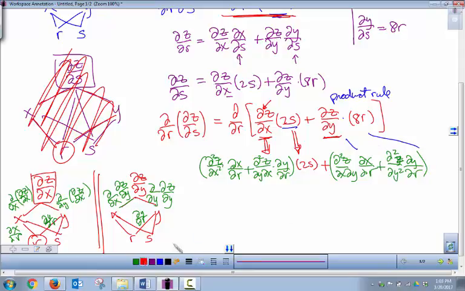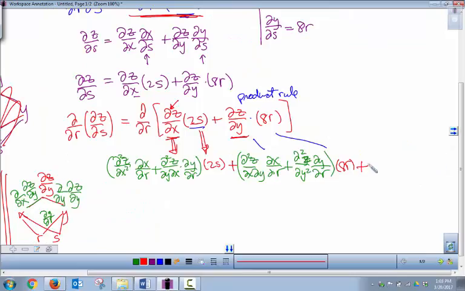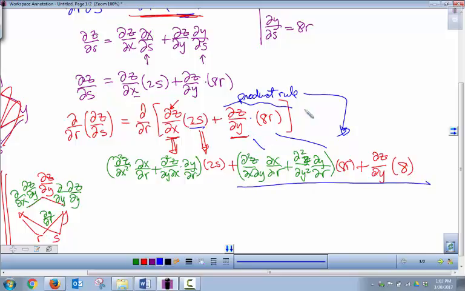So this is where the 8r comes in. Plus the first times the derivative of the second. So this is your product rule for this derivative here.